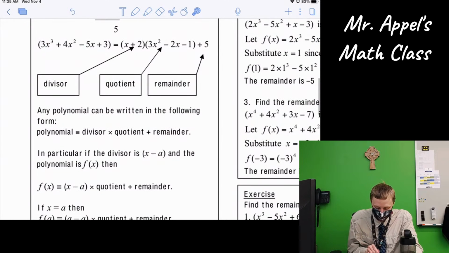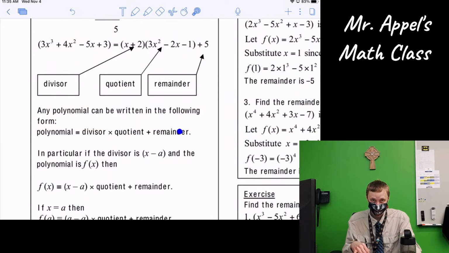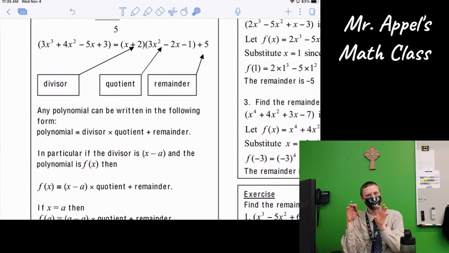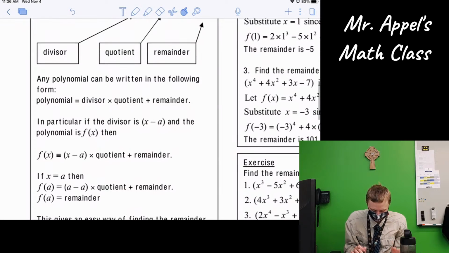Any polynomial can be written thus: the polynomial equals the divisor times the quotient plus the remainder. That's what we wrote as our answer sometimes: here's my answer plus remainder divided by the divisor as a little extra fraction tacked on. So we're just writing that backwards.